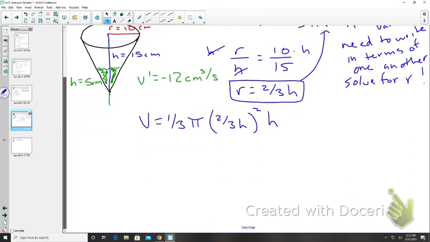We're just going to clean this up a little bit before we take the derivative. It's going to make our lives easier.